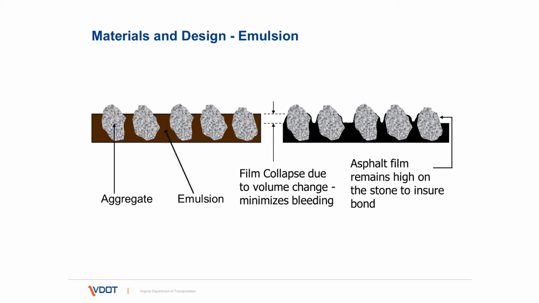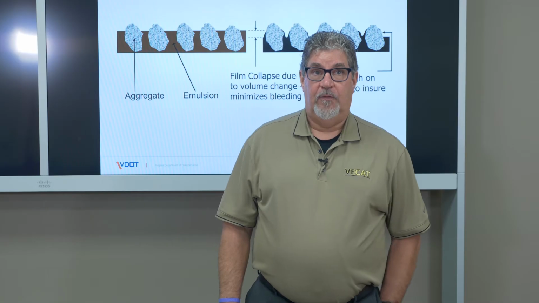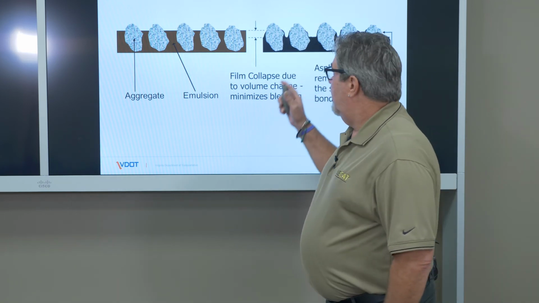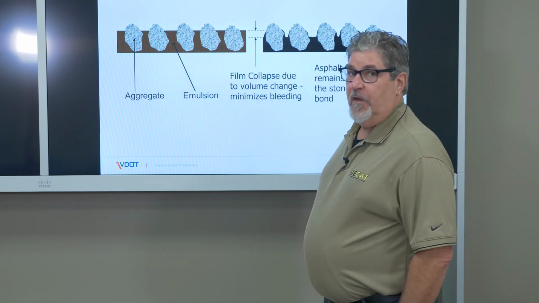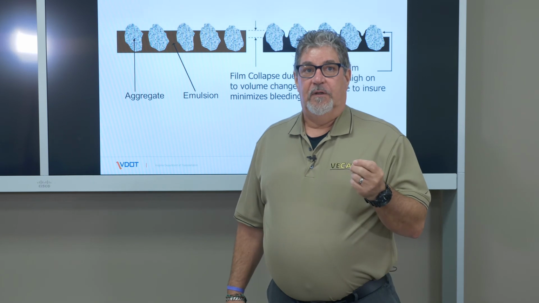I talked earlier about the 65% water in the emulsion, or approximately 65%, and here's what it does. When the aggregates are dropped on the freshly sprayed emulsion, as shown here, the volume of the emulsion is high, and then there is what is called a break, and in the break is when the water starts to evaporate or dissipate from the material, and wherever the emulsion is in contact with the stone, it will stick to it.